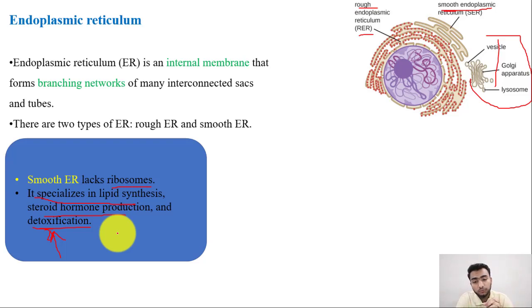For instance, they would ask you a question where they give you a sort of cell that is rich in smooth endoplasmic reticulum, and in the four options you would be asked to choose the organs that would be likely to have smooth endoplasmic reticulum in sufficient amount.